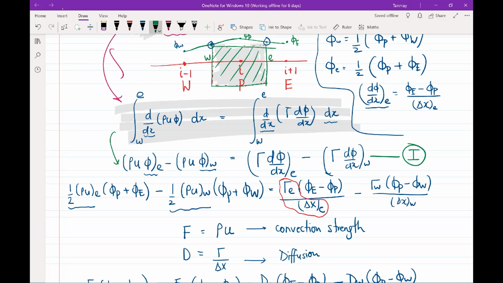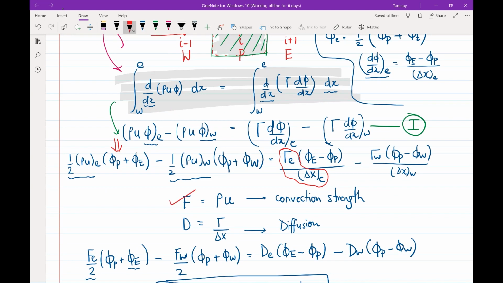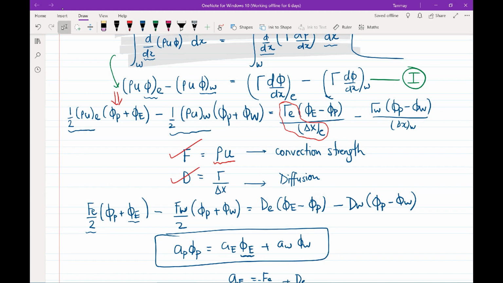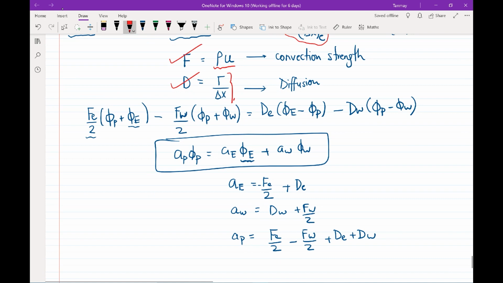So we said that the function phi varies linearly between P and capital W, and similarly it varies linearly between P and capital E. Using that, we come to this particular big equation, and we defined something called F, that was related to convection, F being equal to rho times u, and we introduced a diffusion term as gamma over delta x. I'm sorry, it should be gamma over delta x, not tau.